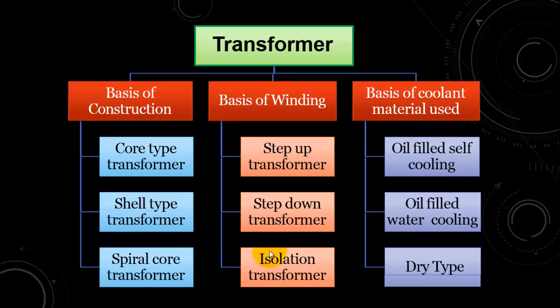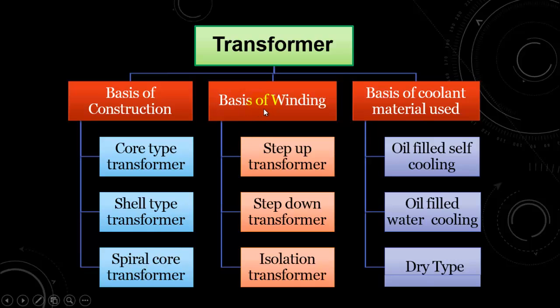Let us quickly move to different types of transformers. So basically, transformers are characterized into three main types based on construction. The transformer is either core type, shell type, or the spiral core transformer.